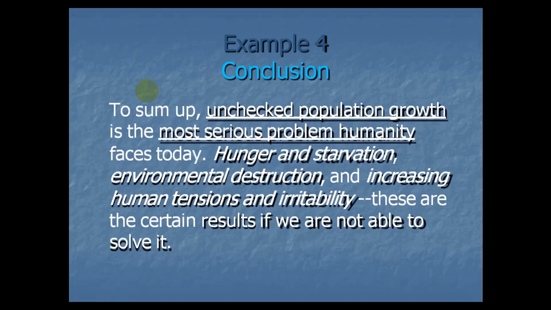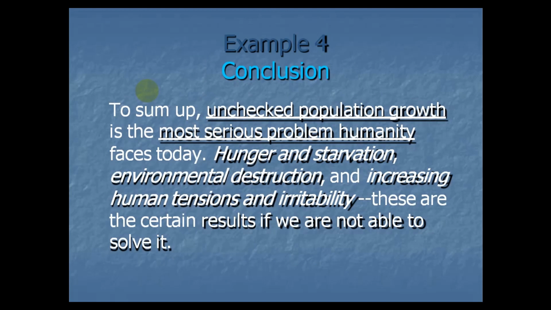Let's take a look at an example of the concluding paragraph. So you can see, "to sum up" is the signal word. So to sum up, unchecked population growth is the most serious problem humanity faces today. That first sentence is a short topic sentence of the concluding paragraph.